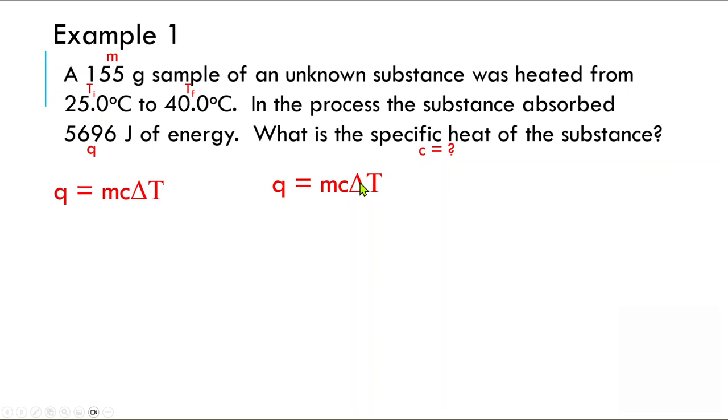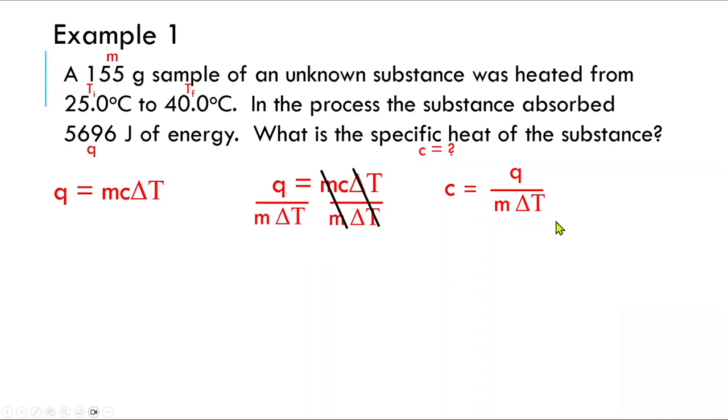The M and the delta T are connected to the variable with multiplication, so we're going to divide M and delta T from both sides of the equation. When you do that, the M's cancel and the delta T's cancel. C remains, leaving us with C equals Q over M delta T.